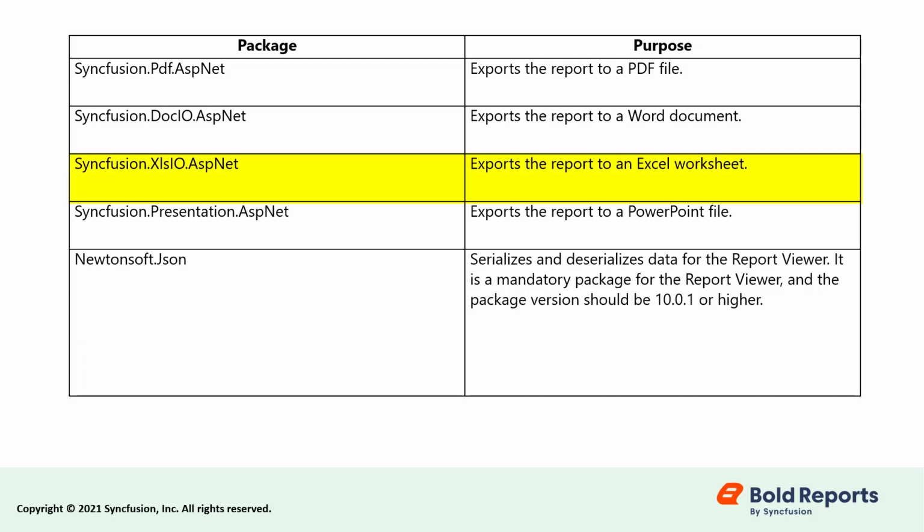The syncfusion.xlsio.ASP.NET package is used for exporting RDL or RDLC reports in Excel format. The syncfusion.presentation.ASP.NET package is used for exporting RDL or RDLC reports in PowerPoint format. The Newtonsoft.json package is used to serialize and deserialize data for the report viewer. The dependent packages will be installed automatically when installing the Bold Reports.web package.